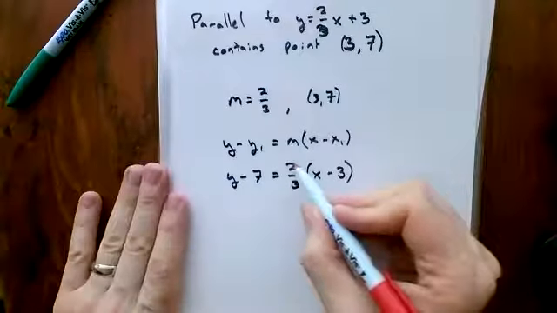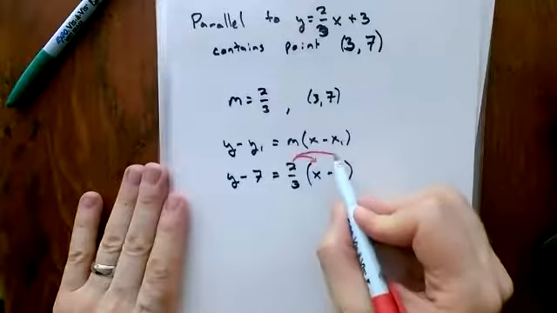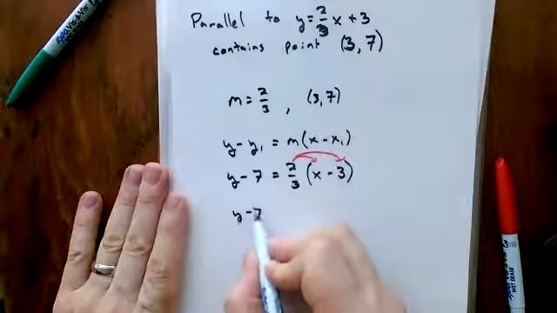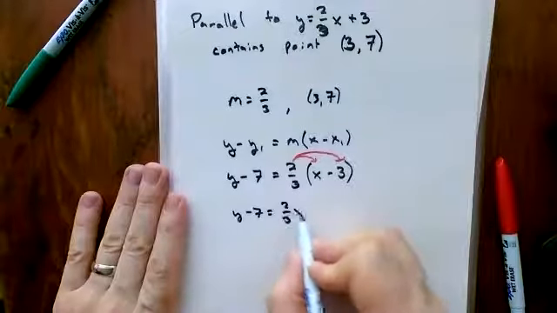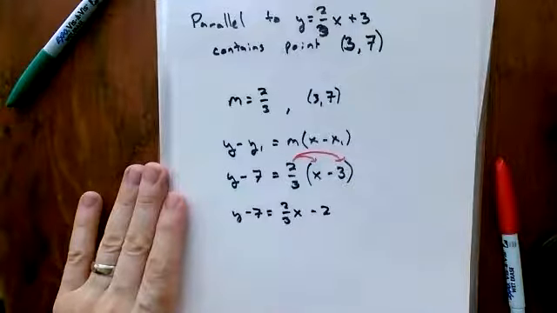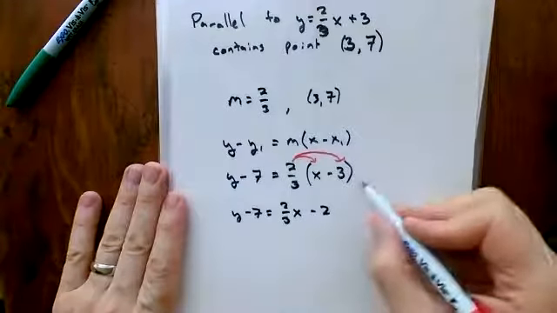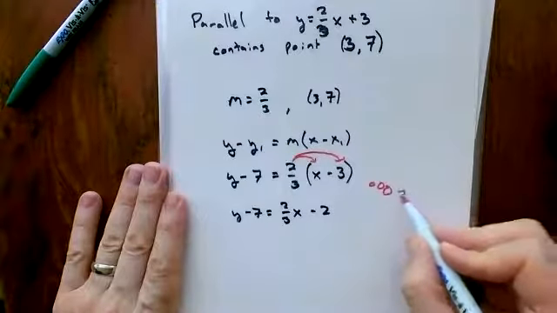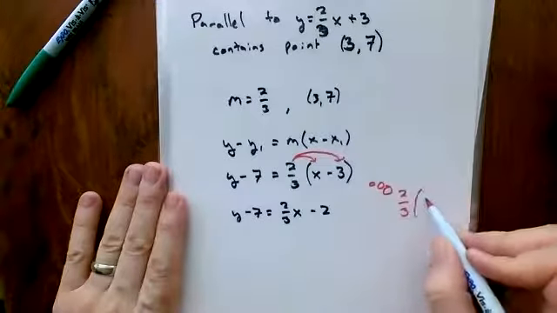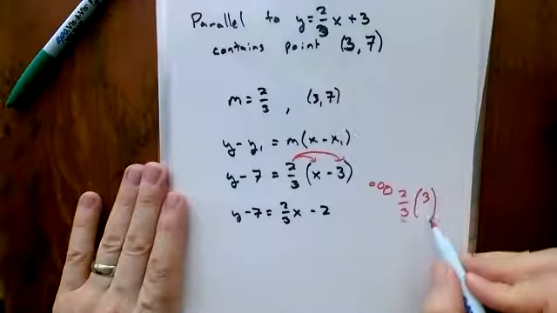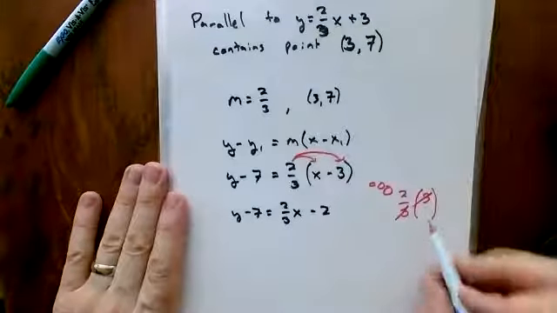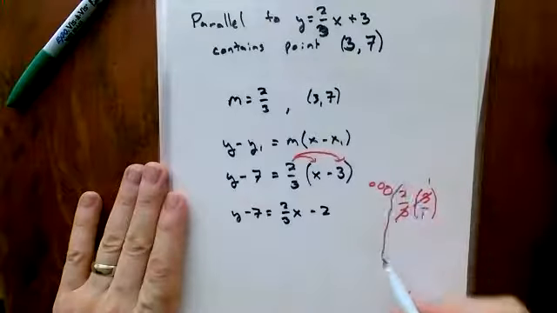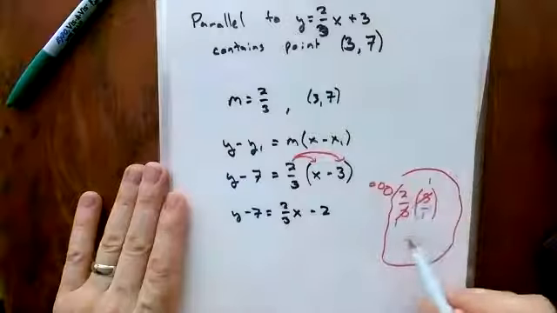I'm going to distribute this 2/3. So I'll have y minus 7 is equal to 2/3 x minus 2. Here's the thought process: when we distributed, 2/3 times 3, I'm just reducing this, so I've got 2 times 1 over 1.